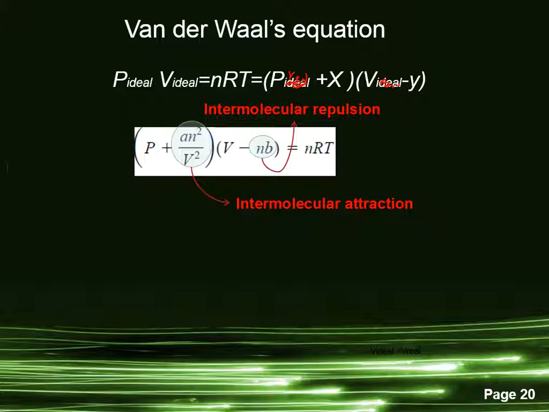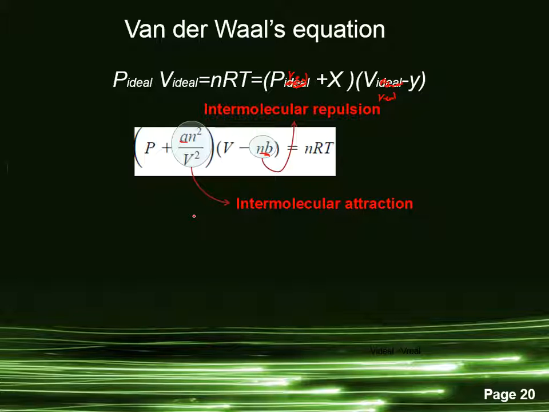The X is the attraction part, which is n squared times a over V squared, and the repulsion part is n times b. The parameter a is a measure of the strength of the intermolecular attraction, and constant b is a measure of molecular size. n is the number of moles, V is volume, and these are the parameters of the Van der Waals equation.